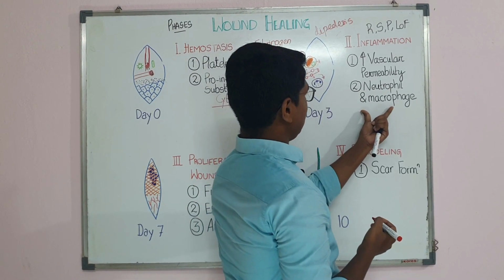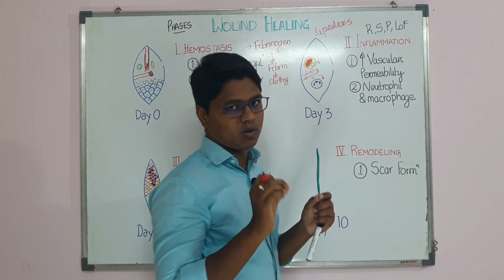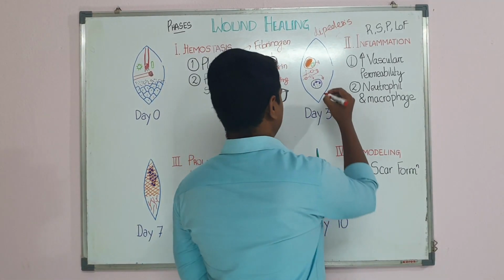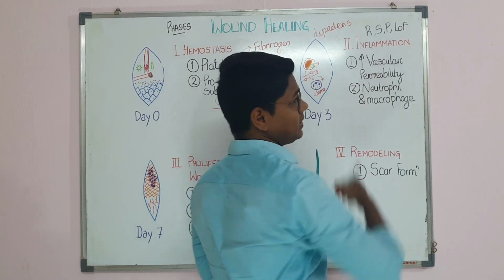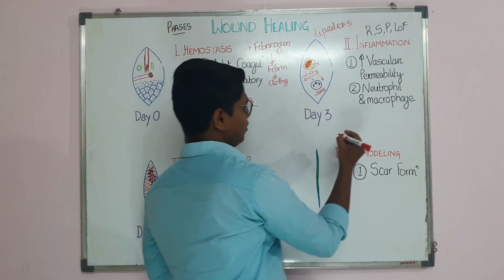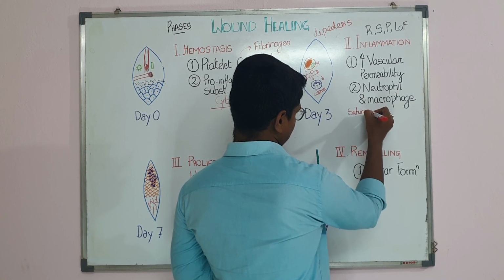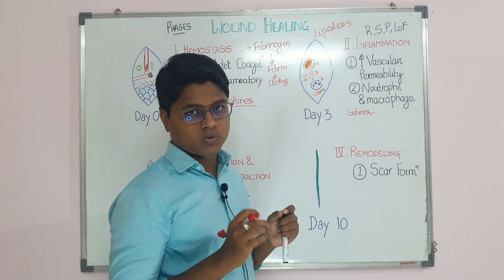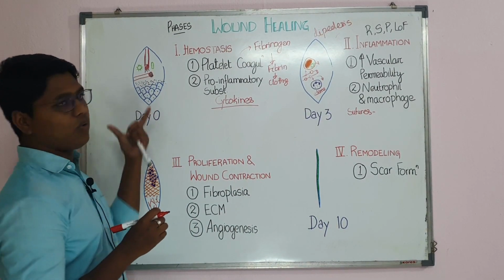Next, due to the increased permeability, there may be some edema, very minor edema you may find, due to which there will be swelling. Okay, so this is the reason why while placing the sutures, don't make it too tight, because on day 0 there is no inflammation.